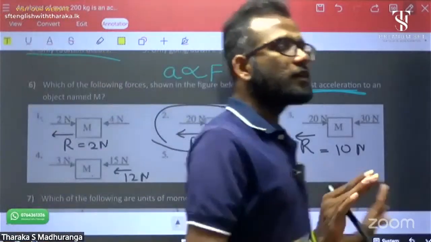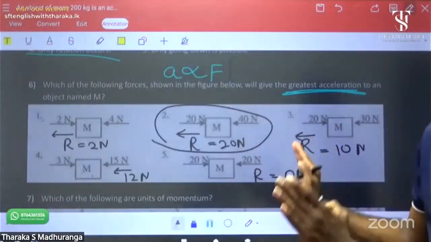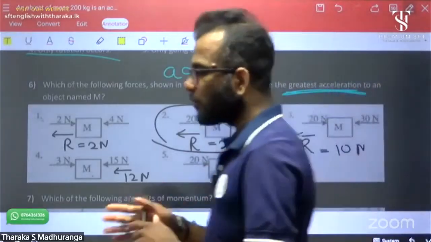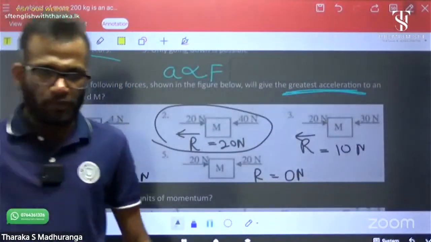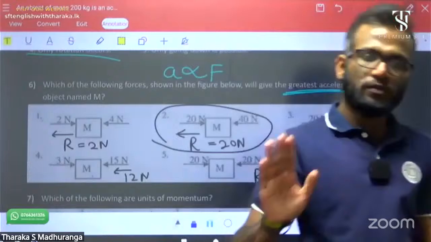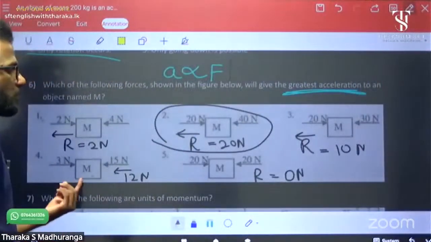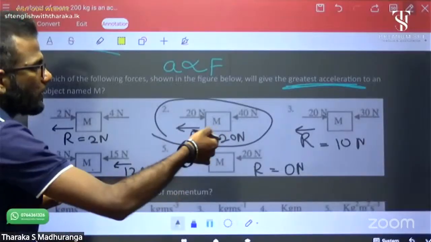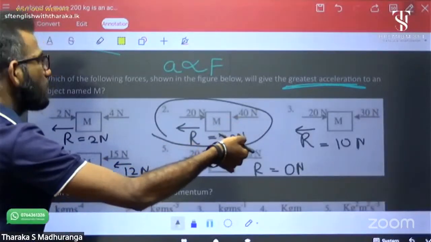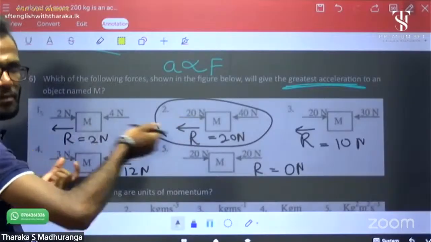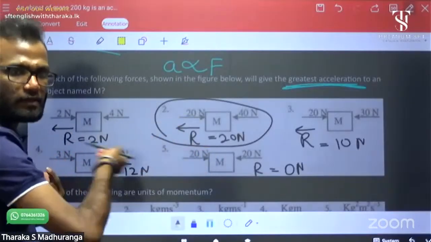It is no acceleration. It is already a balanced object. According to Newton's first law, it is at rest or moving with uniform velocity. It does not accelerate. But in all other force systems, the objects accelerate to the left side, in the direction of the unbalanced force.